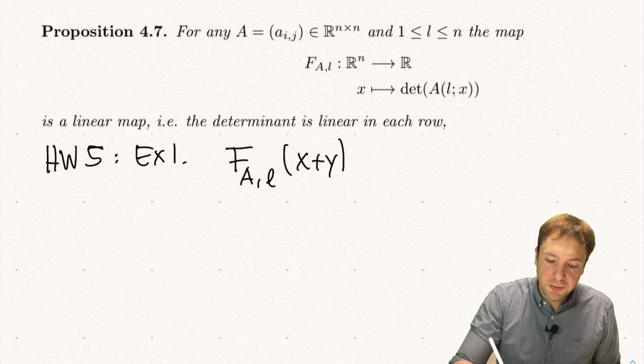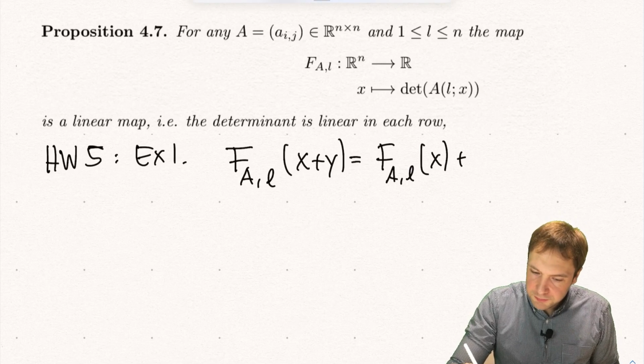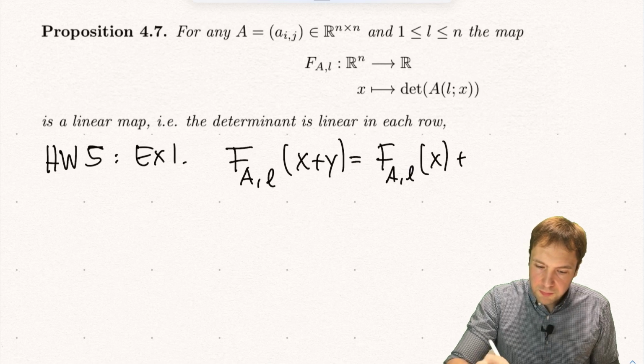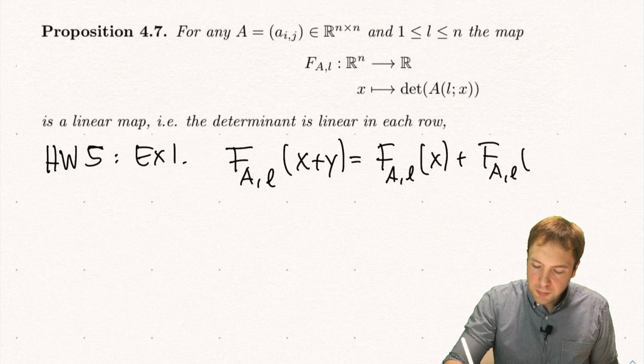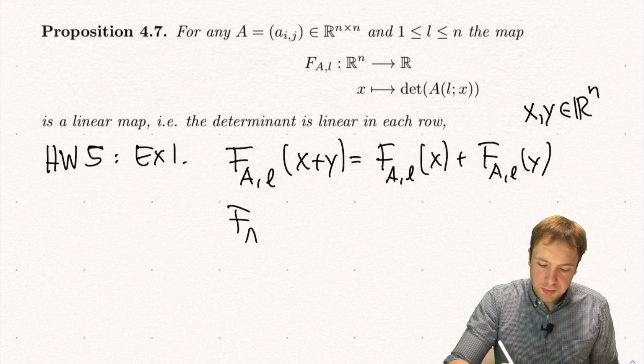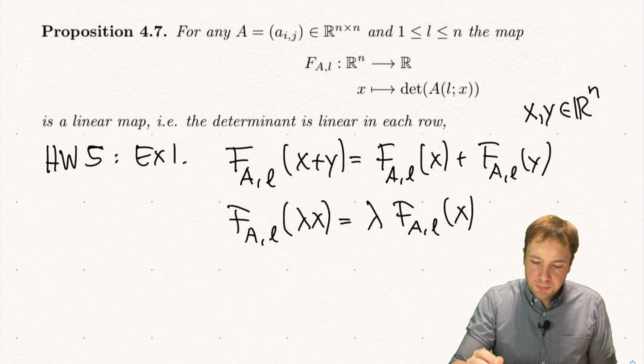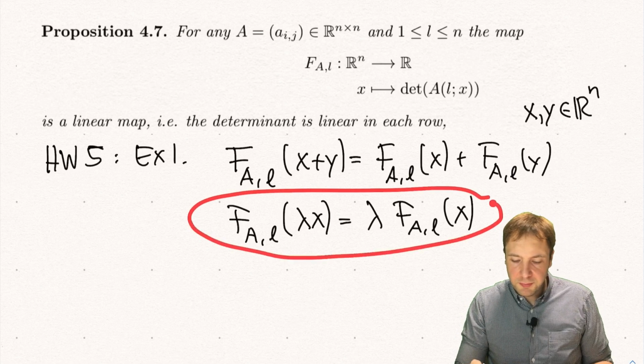If you take two vectors x and y, then f_A^l(x + y) = f_A^l(x) + f_A^l(y) for all x and y in R^n. And also, if you multiply with a lambda, it's lambda times f_A^l(x).